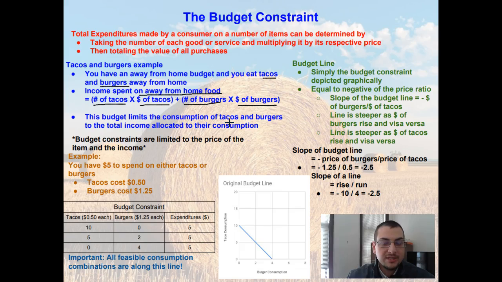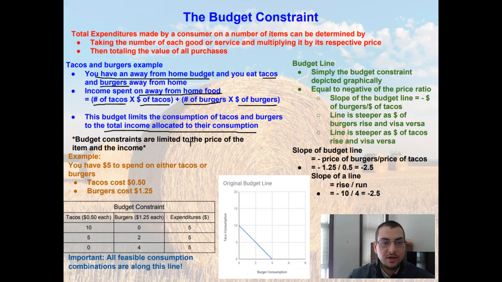Basically what that means is you have a budget on away from home food. So the amount of tacos and burgers that you consume is limited by the total amount of income that you allocate towards the consumption of tacos and or burgers.